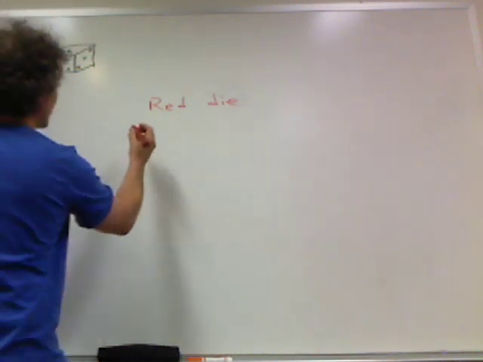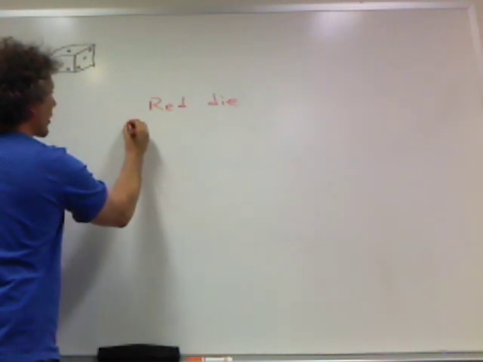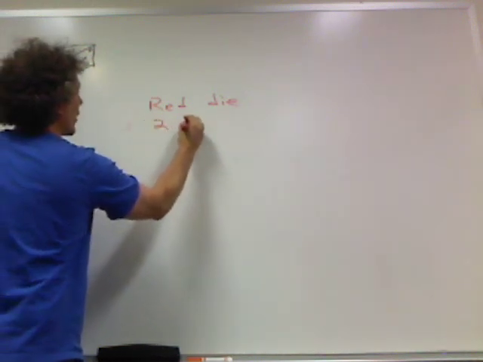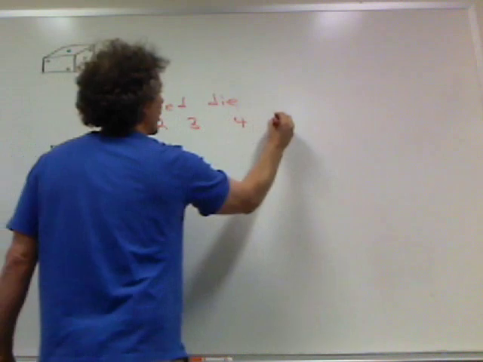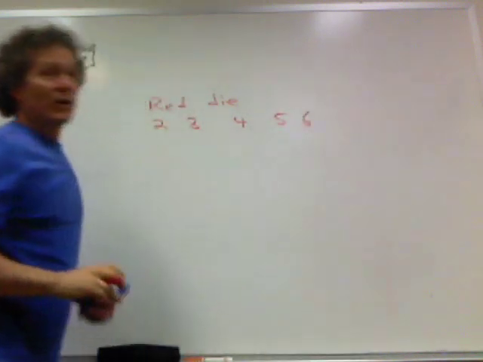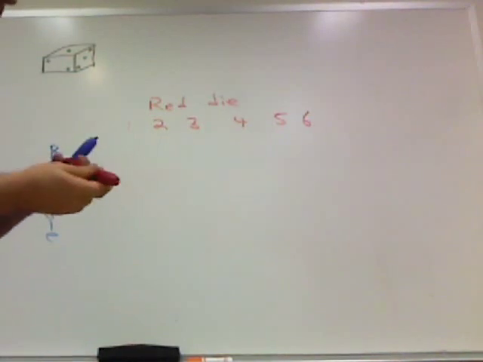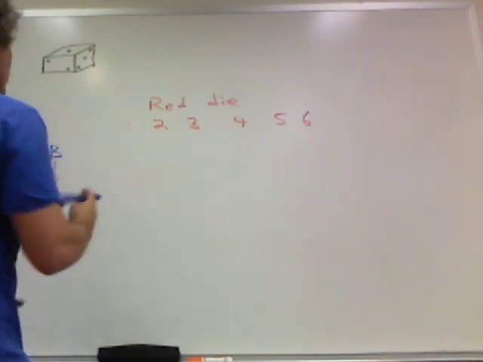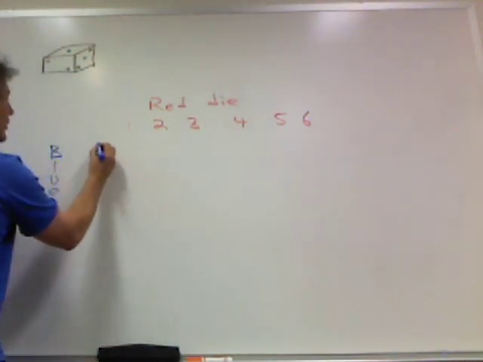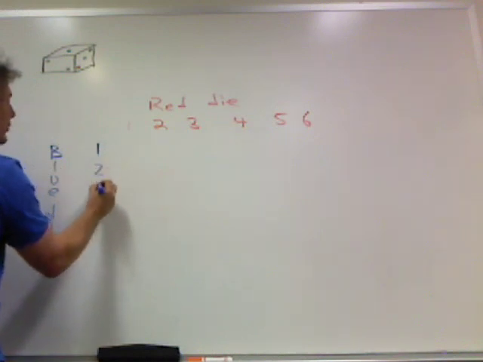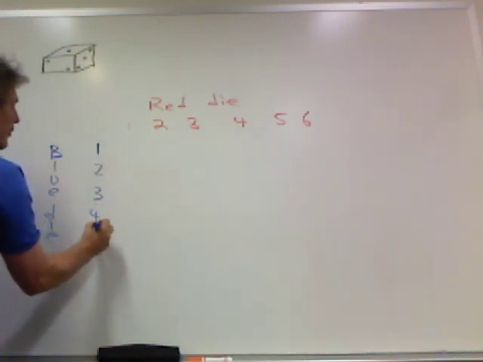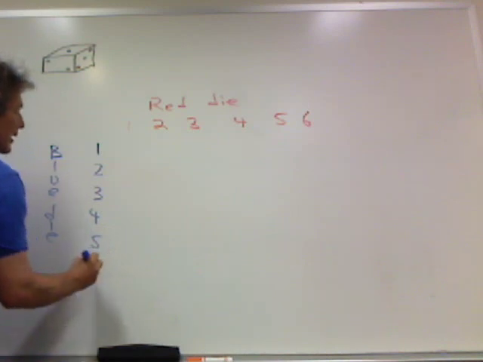For the red die you can get a 1, a 2, a 3, a 4, a 5, and a 6. And all of those are equally likely outcomes of throwing the red die. And for the blue die, same story. There are 6 equally likely outcomes: 1, 2, 3, 4, 5, and 6.